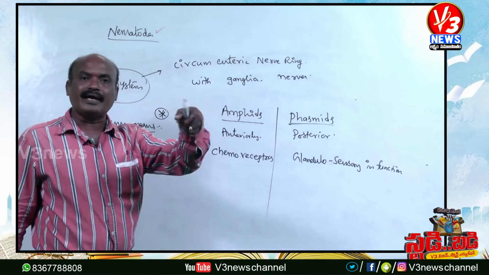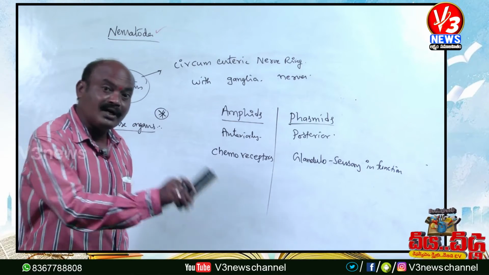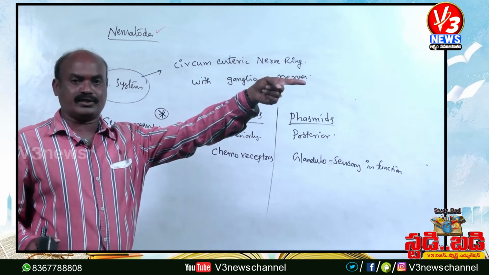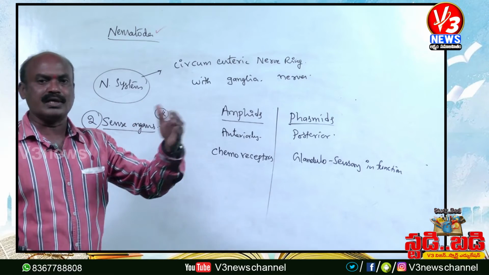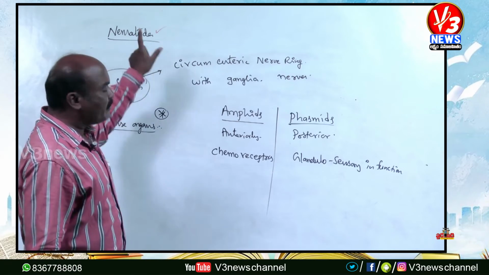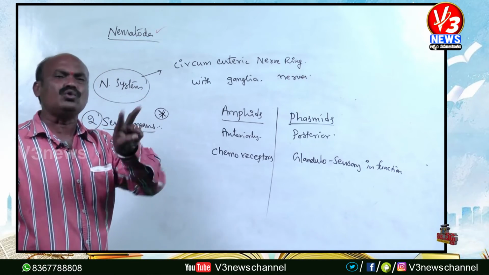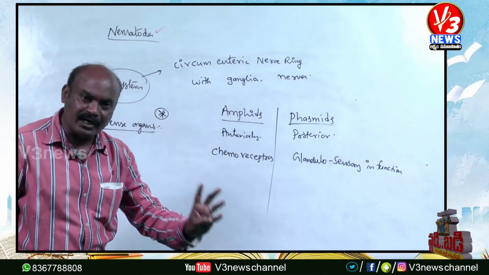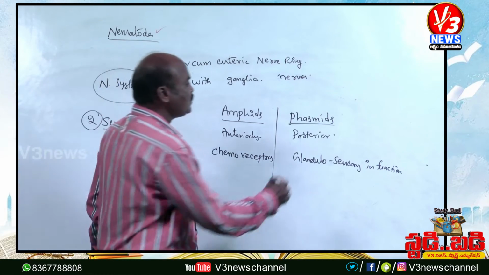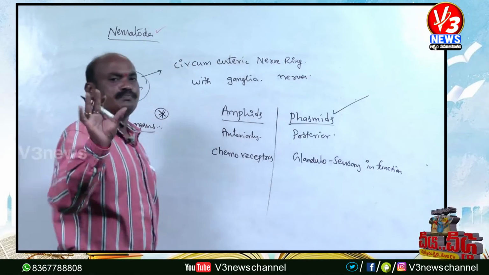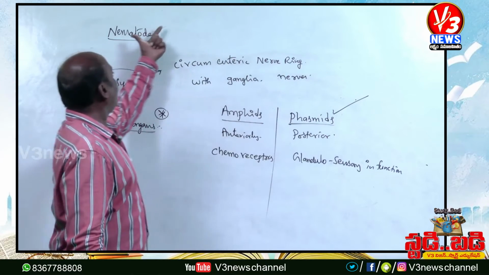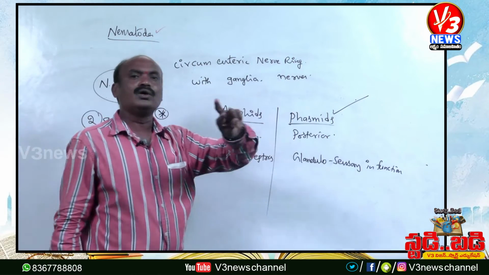See, one more very important point. We discussed the phylum Porifera. The phylum Porifera was classified into 3 classes based on the spicules, which form the endoskeleton. Here, the phylum Nematoda was classified into 2 classes only, Phasmidia and Aphasmidia, because of the presence or absence of phasmids.